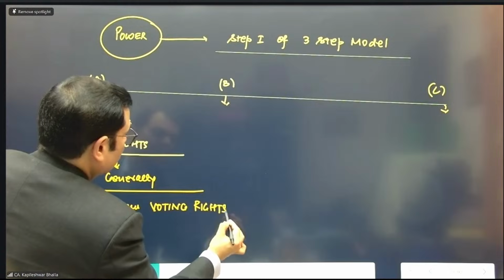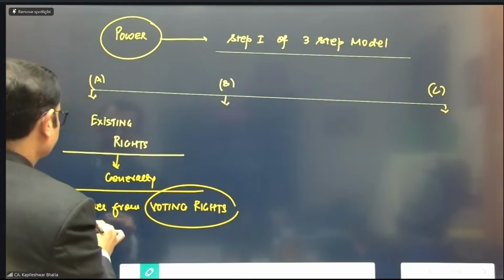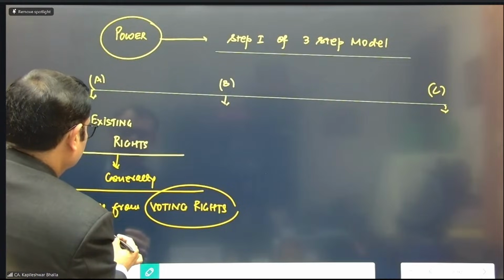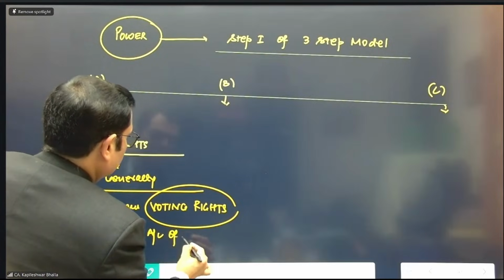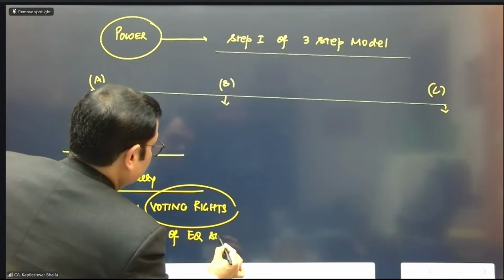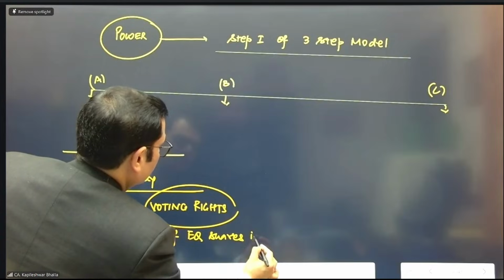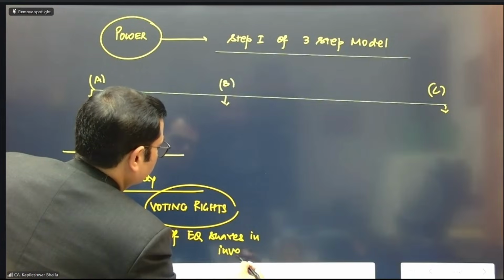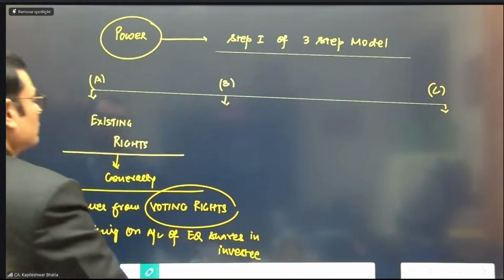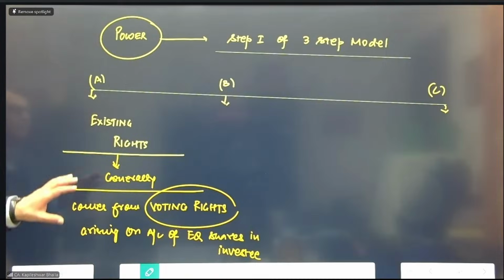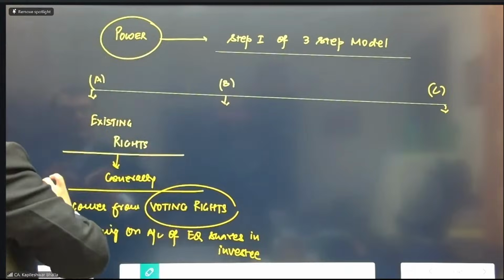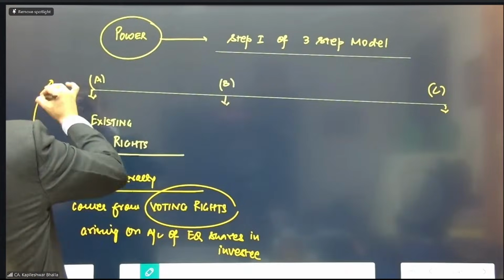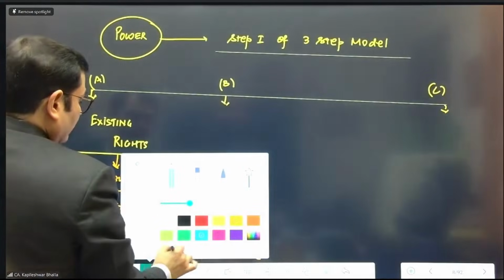So existing right should be in the form of voting rights arising on account of equity shares in the investee. So we are saying generally, when you say that you've got existing rights, these existing rights should be in the nature of voting rights.